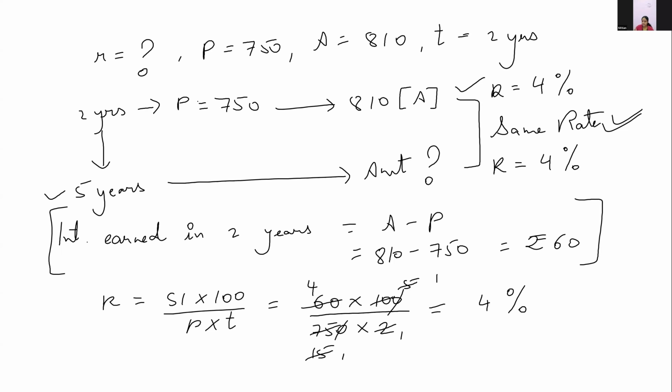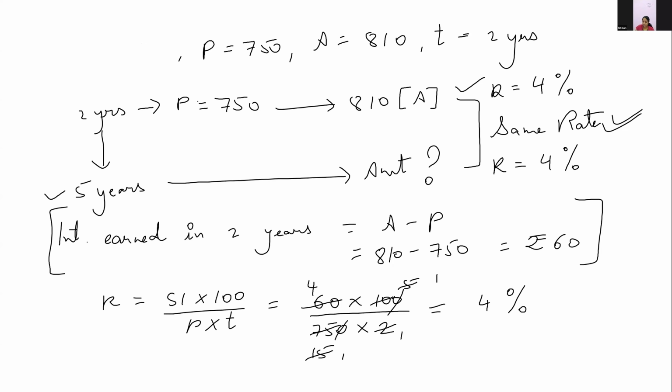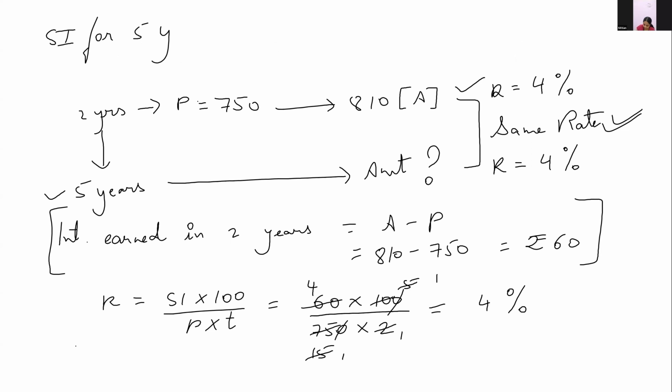Now, SI for 5 years will be PTR upon 100.